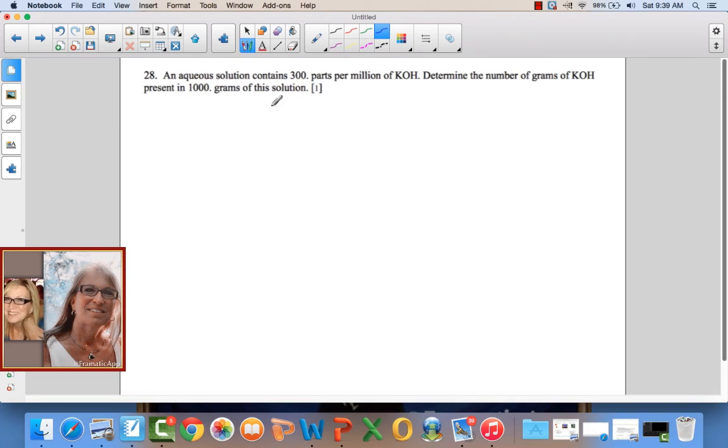An aqueous solution contains 300 parts per million. Determine the grams of KOH present in 1,000 grams of this solution. So here's my ppm. Here's my grams of solution.